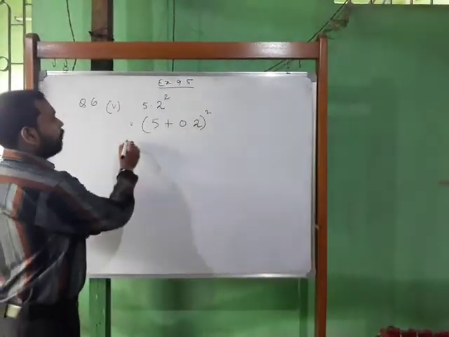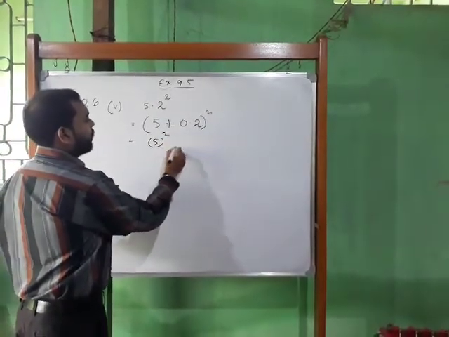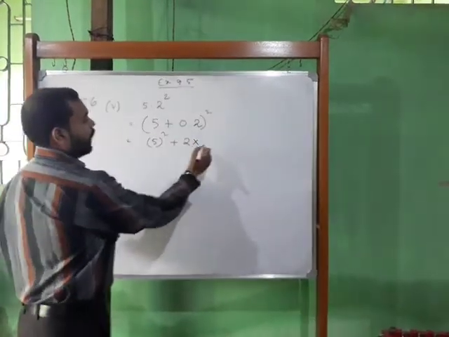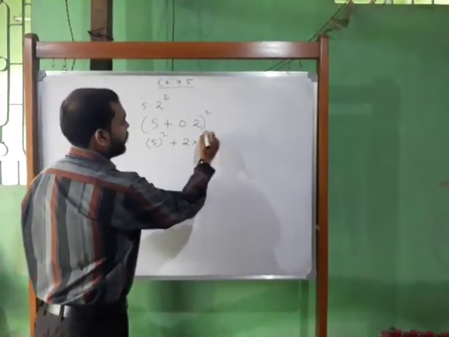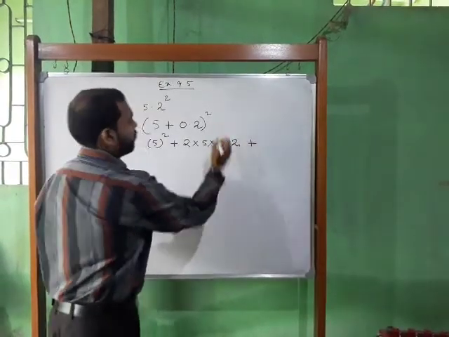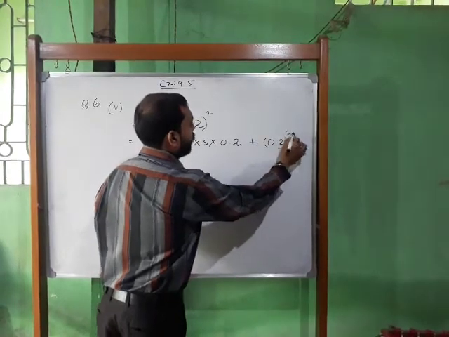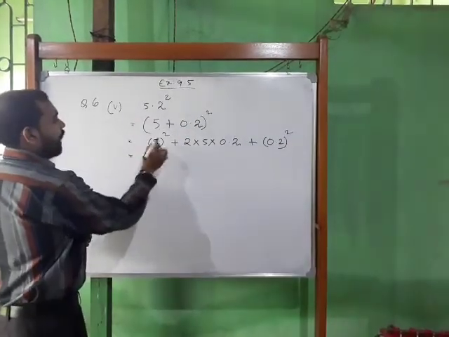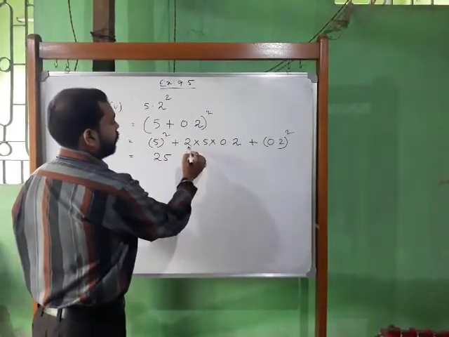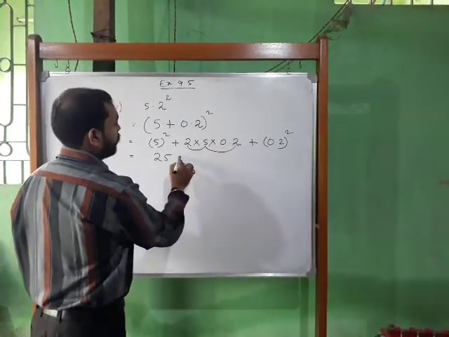So the (a plus b) whole square formula is a square, that is 5 square, plus 2 into ab. So a is our 5, b is 0.2, plus b square, that is 0.2 square. Now 5 square is 25. 2 fives are 10, 10 twos are 20.